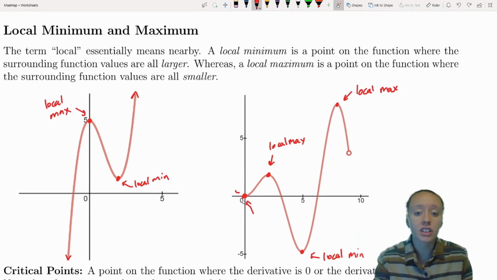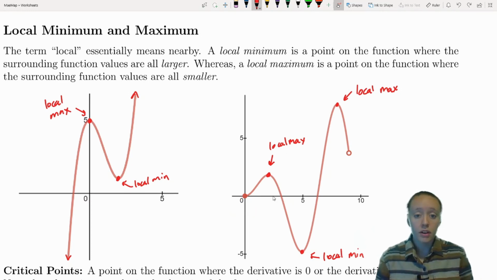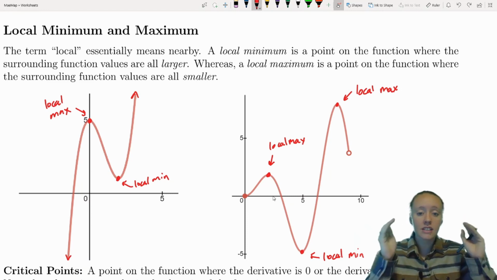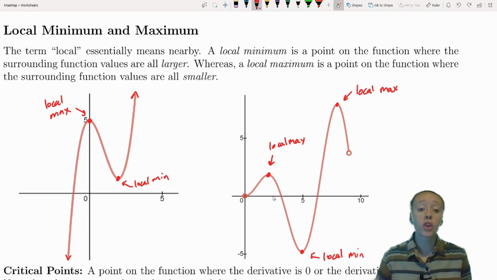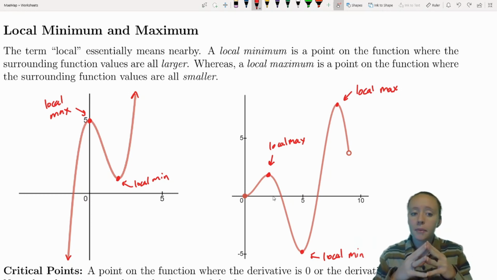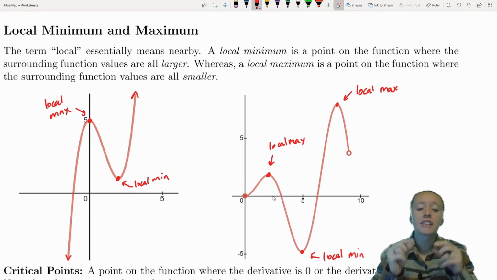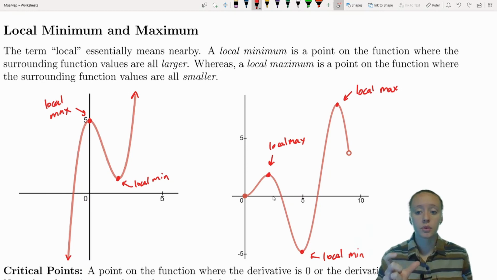But our function could also continue down, and that endpoint wouldn't actually be a local minimum because points to the left of that are smaller. So with that being said, endpoints, those ends of our intervals, will never be local minimums or maximums. However, which we'll get into in the second half of this worksheet, we'll talk about absolute. Endpoints can be absolutes, but they cannot be local.